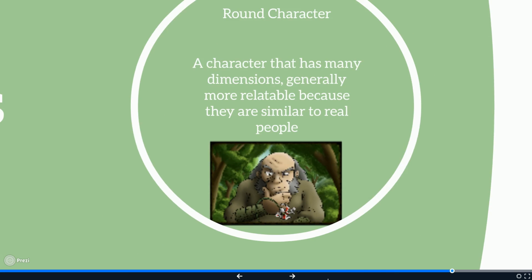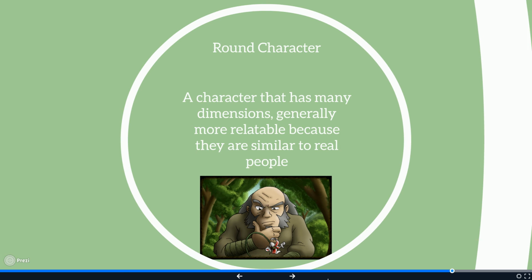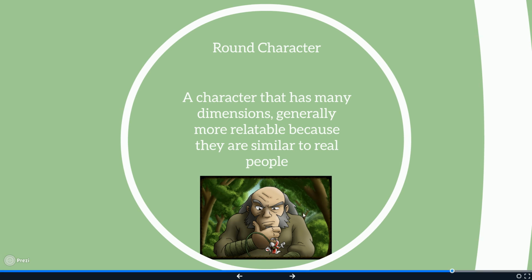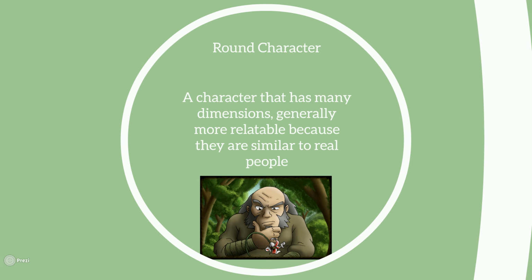And then a round character has many dimensions, and is generally relatable because they are similar to real people. So this is Uncle Iroh from Avatar: The Last Airbender. He can be absolutely hilarious at times. Like here, trying to decide whether this plant is a very, very rare type of delicious tea or poison.